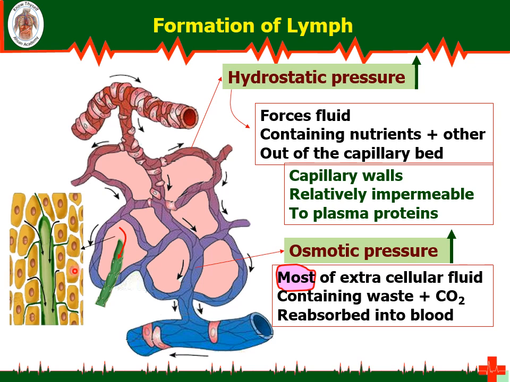If we consider that a certain amount of fluid, stained green, remains within the interstitial space, it gradually enters into the vessels. So the interstitial space becomes as usual, and the fluid is now within the vessel. This is the lymph. In this way, the lymph is formed.